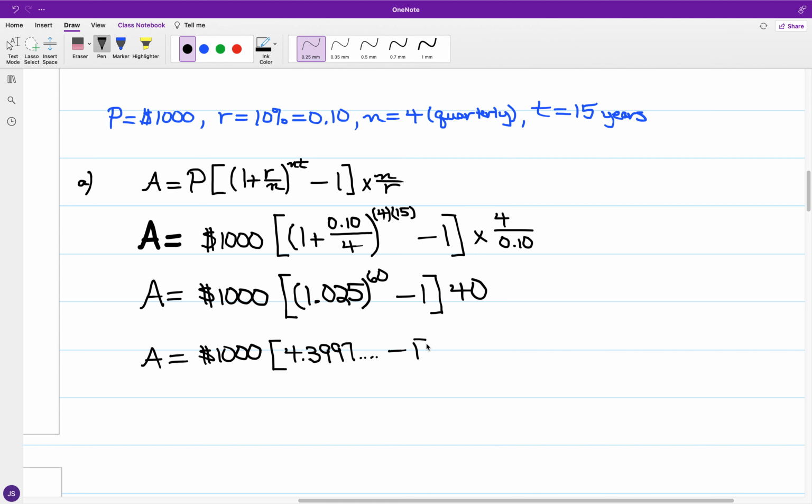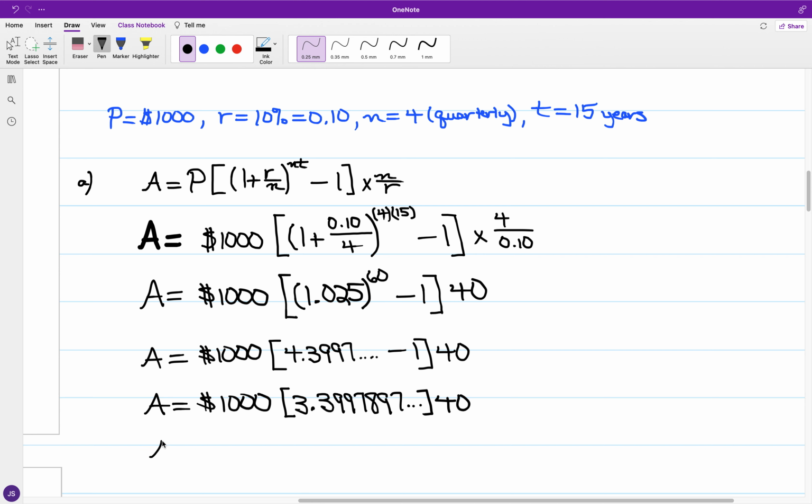We have minus 1, then times 40. So we have $1,000, and the difference in the brackets, and I'll show you a few additional digits: 3.3997897, times 40.